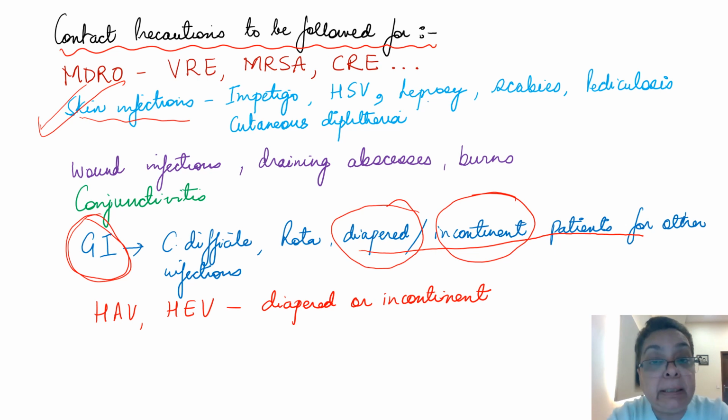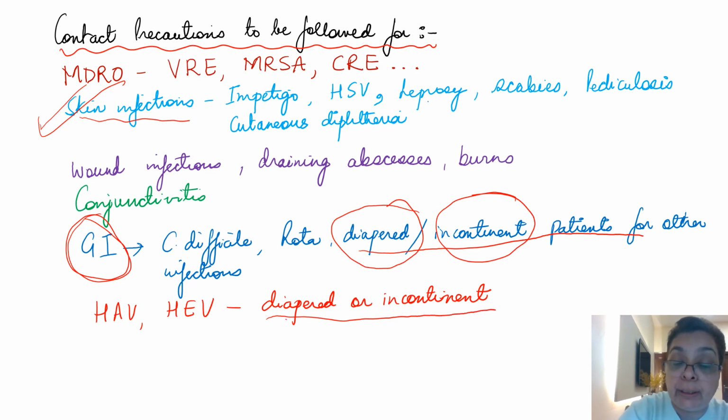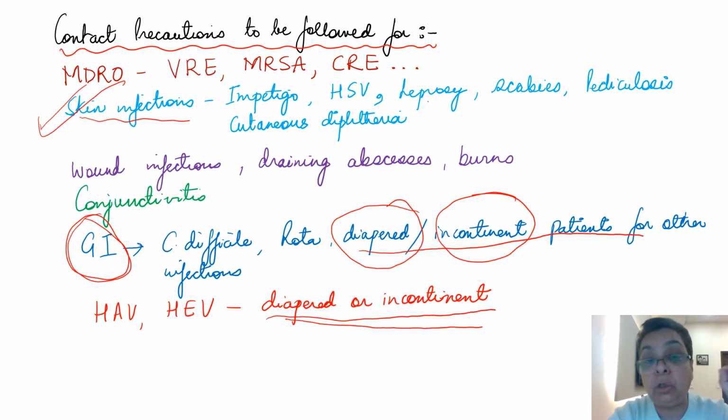Then hepatitis A and hepatitis E patients who are either diapered or incontinent. Okay, so for all these, we're going to follow contact precautions. This is a small list. We are going to add to this contact precautions list when we move on to droplet and airborne transmission precautions too. Right, so that's our contact precautions.